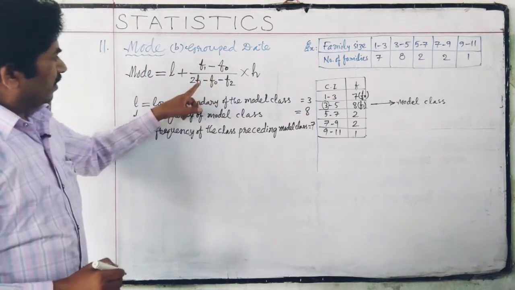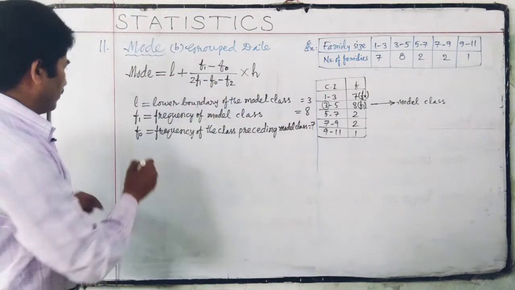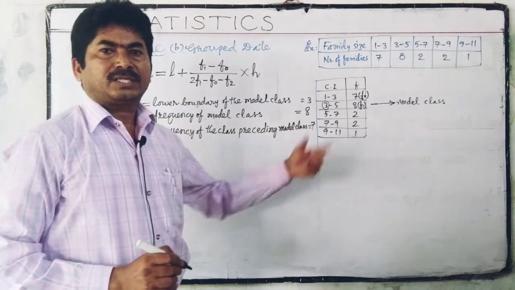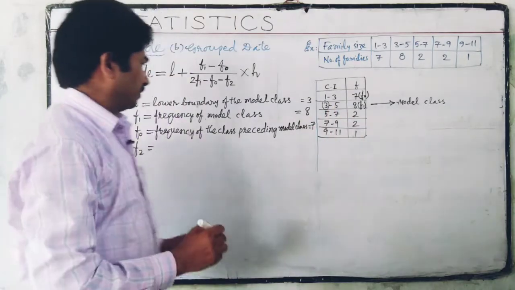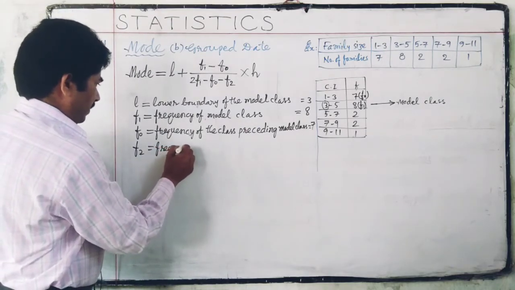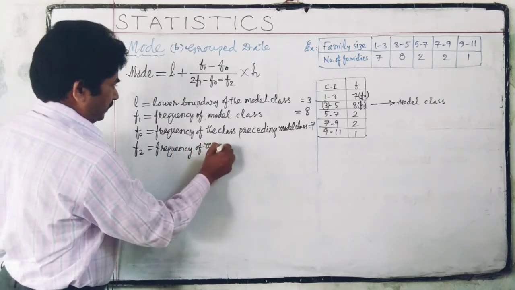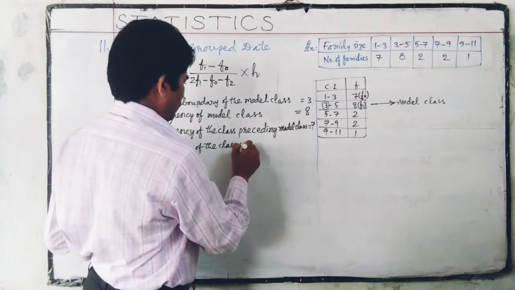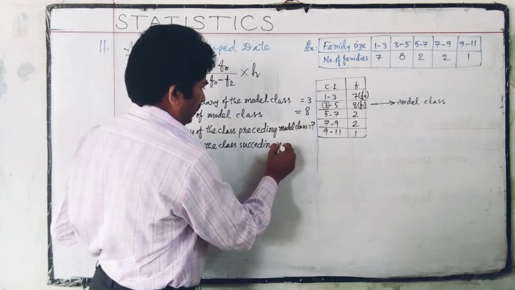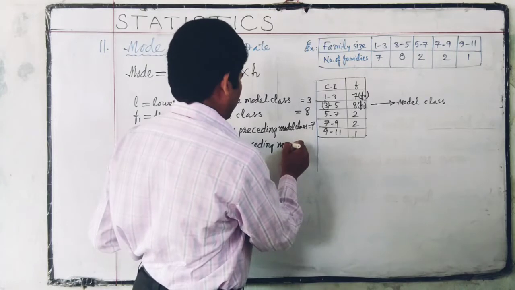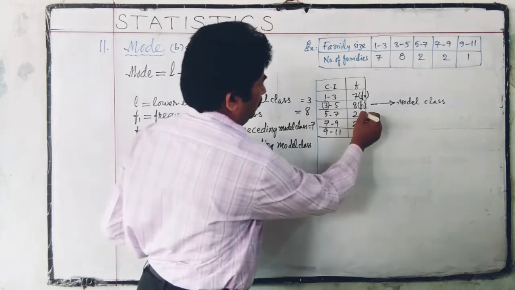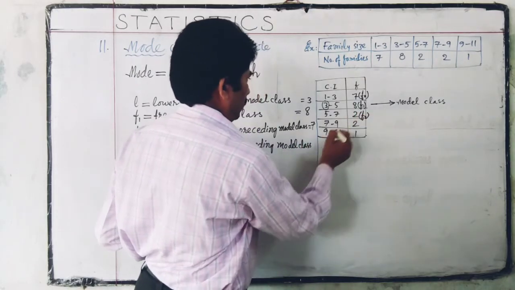Next, F2. What is F2? Frequency of the class succeeding the modal class. So this is F2, 2.